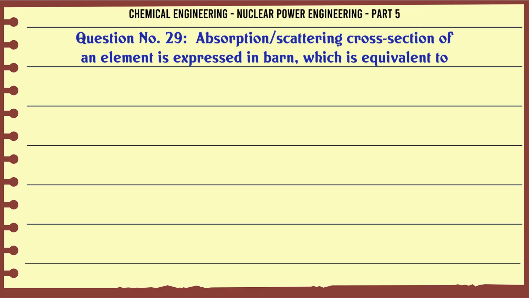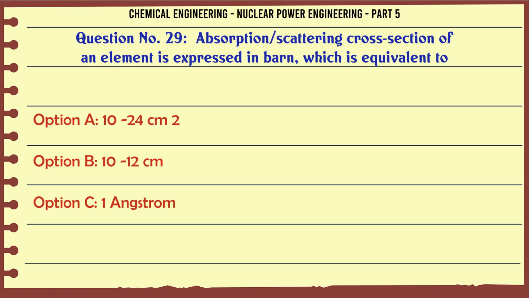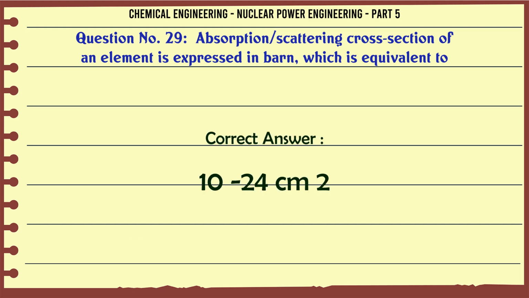Absorption scattering cross-section of an element is expressed in barn, which is equivalent to A. 10^-24 cm^2, B. 10^-12 cm, C. 1 angstrom, D. 10^24 cm. The correct answer is 10^-24 cm^2.